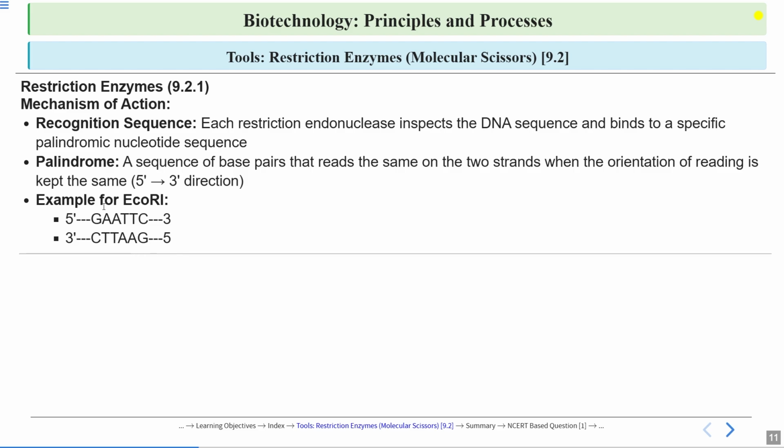It means it will cut here between G and A, and it will cut here between G and A. Is it clear?